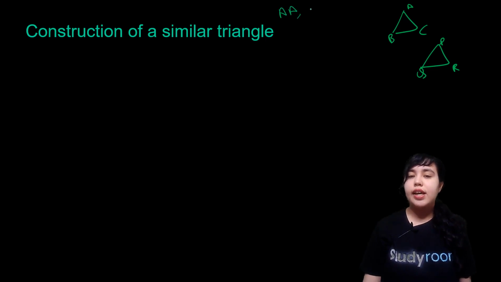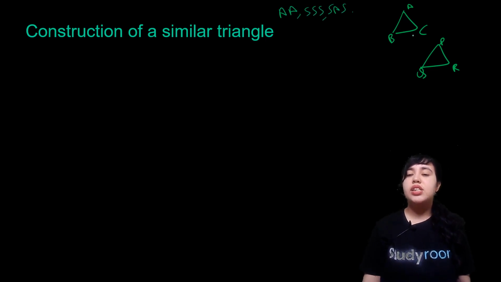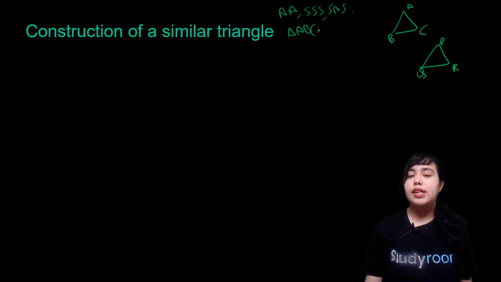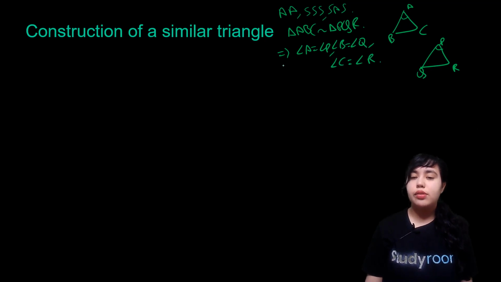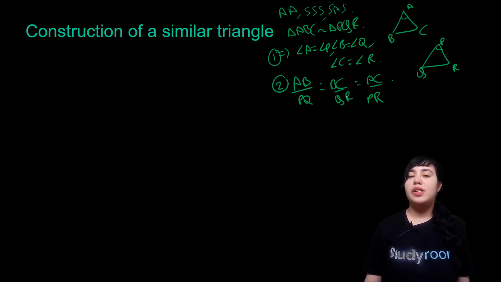We discussed AA, SSS, SAS, but in general, what is common in similar triangles is that if triangle ABC is similar to triangle PQR, then their corresponding angles are equal, which means angle A and angle P are equal, angle B and angle Q are equal, angle C and angle R are equal. Furthermore, the corresponding sides are in the same ratio. So AB upon PQ is equal to BC upon QR is equal to AC upon PR. So this is what we mean by similar triangles.